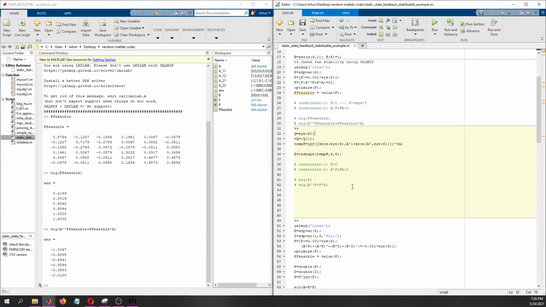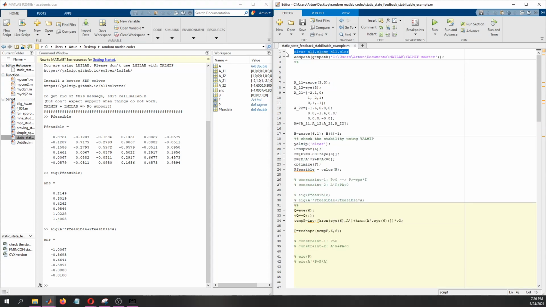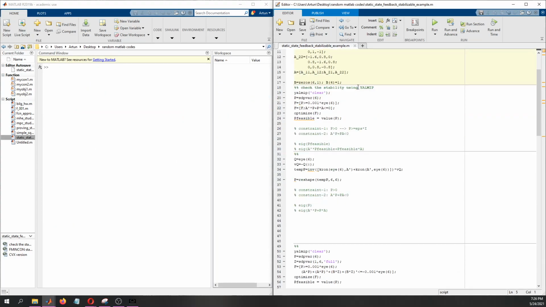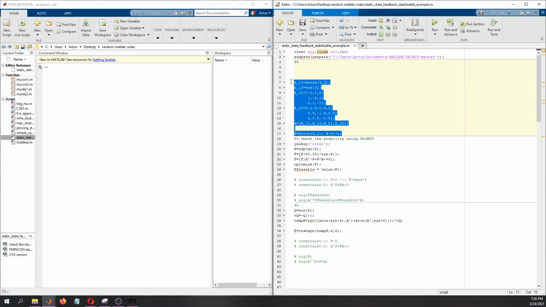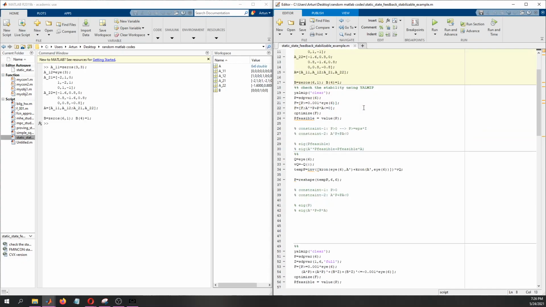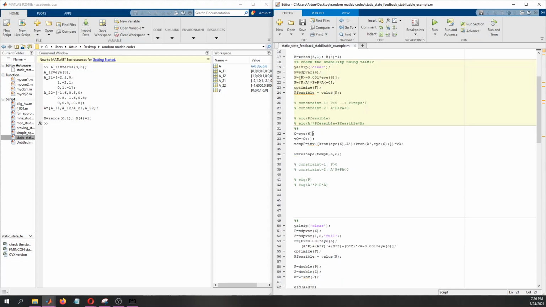Okay, this is the A matrix. Let's define that. Okay, and this is Q, and this is VQ.